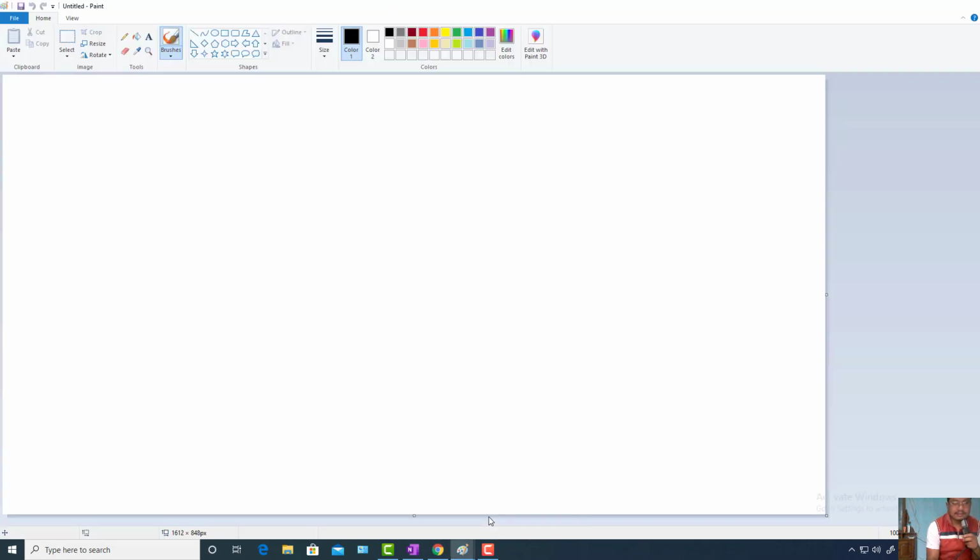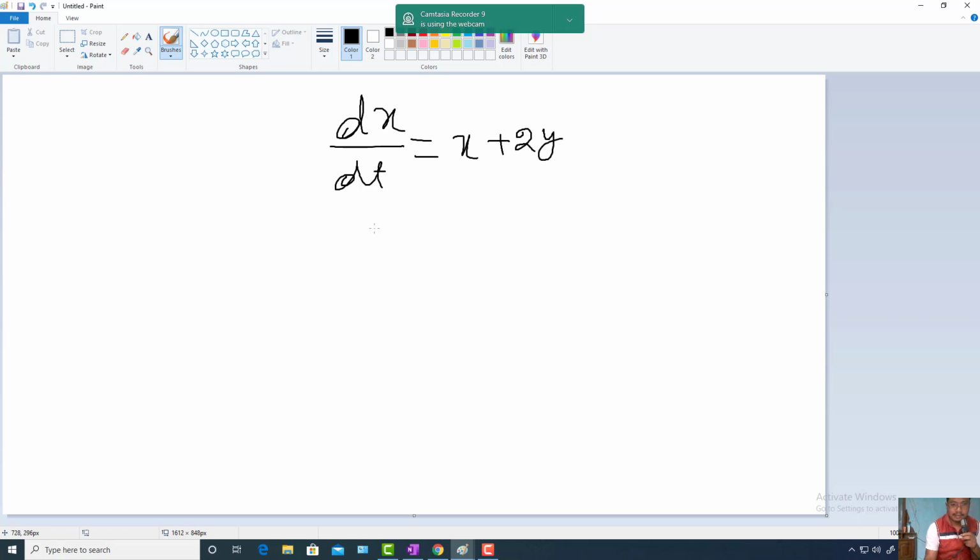Yeah, let us go here. So suppose dx by dt is equal to, let us say, x1 plus 2, x1 is x, plus 2y, and then dy by dt is equal to minus 2, x1 is x, plus 5y, and then minus 9.